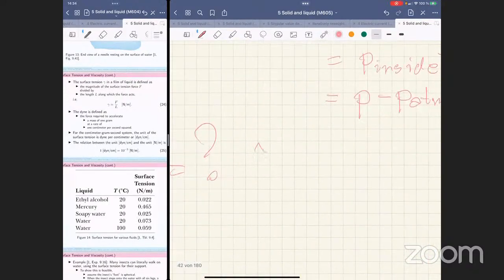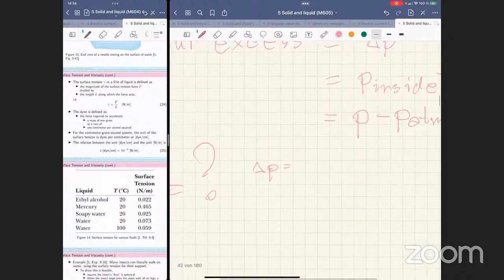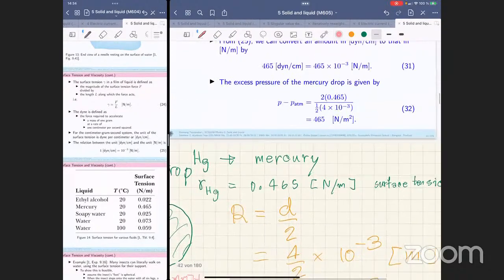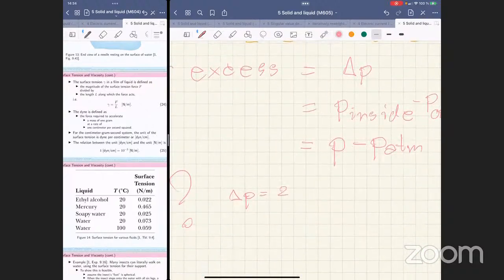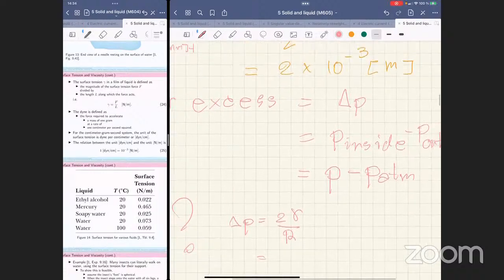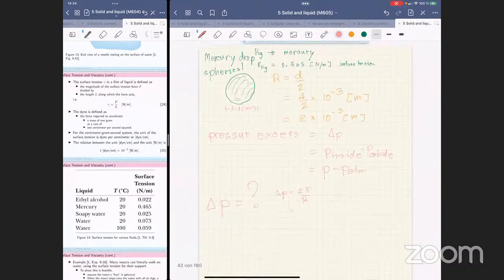Delta P equals 2 gamma by R. Gamma is what we got before, which is 0.465 by, oh no, sorry, I forgot the number 2, so 2 times 0.465, divided by R, the radius, which is 2 times 10 to the negative 3.